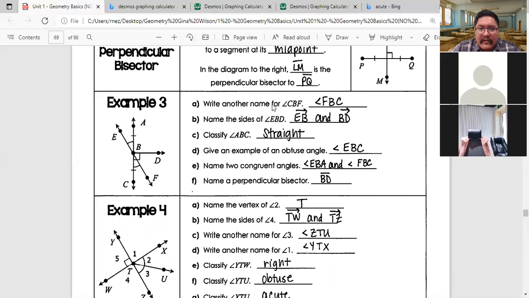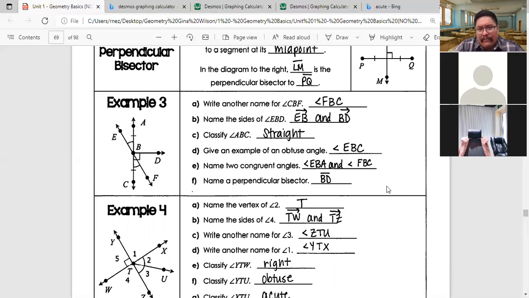All right, so write another name for angle CBF. Well, we could just call it FBC, which is what they did right here. So again, you can go backwards. And in this case here, there's no way you can make it alphabetical order. So both of them would be equally right.